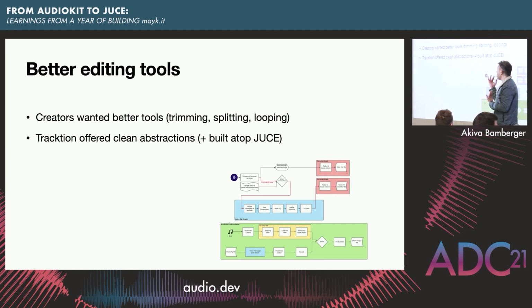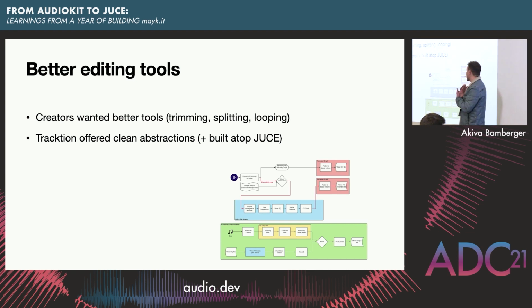Again, the creators on the platform wanted better tools. We had a graph that looked like this, meaning we had started with a very simple graph like I had demonstrated before, and over time we were just adding in compressors, equalizers, de-essers. What else do we got? Shelving filters, low-pass filters.